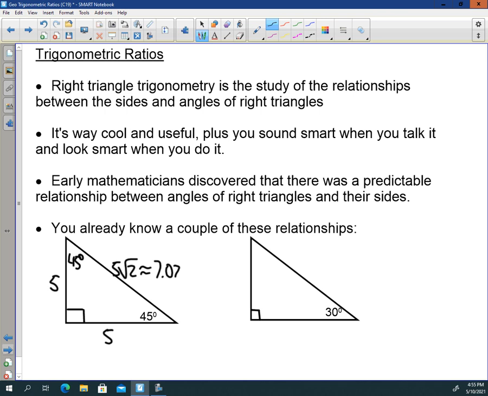So we know that if this side length is 5 and if that side length is 5, then this hypotenuse is 5 times the square root of 2, or about 7.07 units. We already know that relationship.